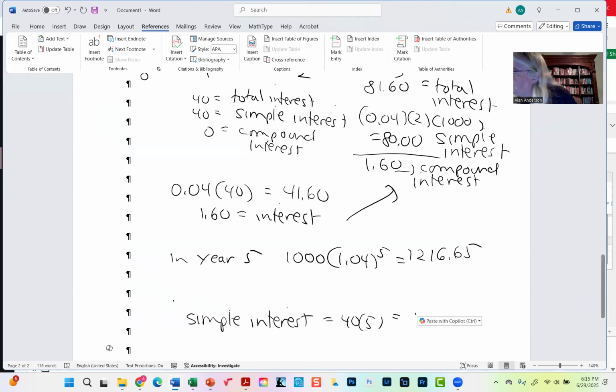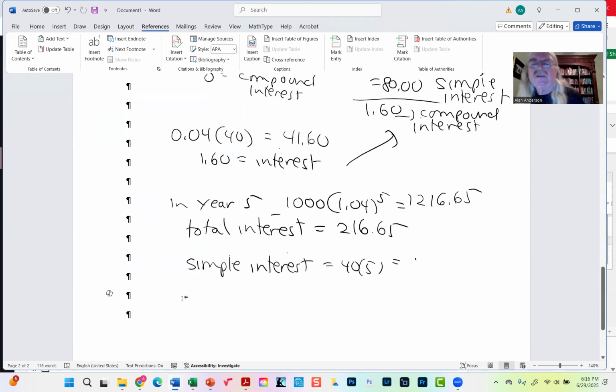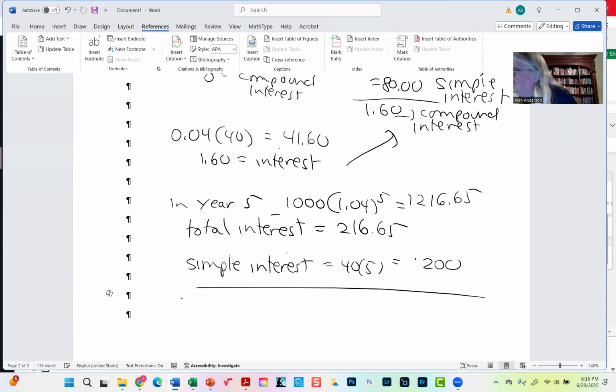The total interest is, of course, 216.65 because we started with 1,000. The rest must be the interest. So the simple, as we've discussed, is 200 because it's $40 a year for 5 years. The rest is the difference, which is 16.65.